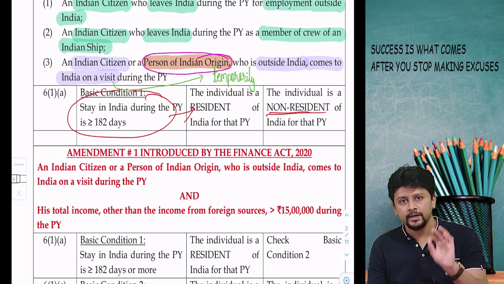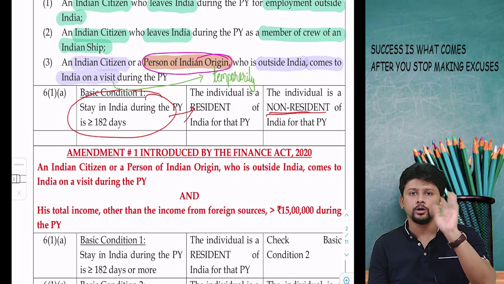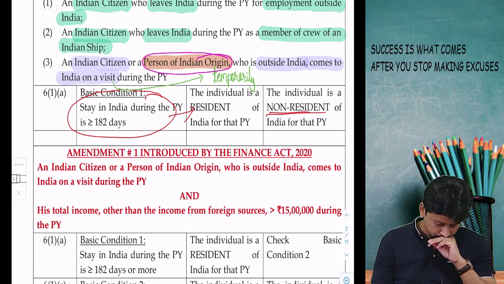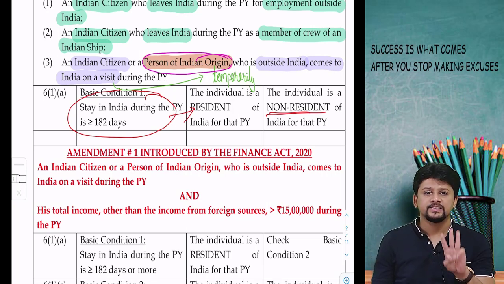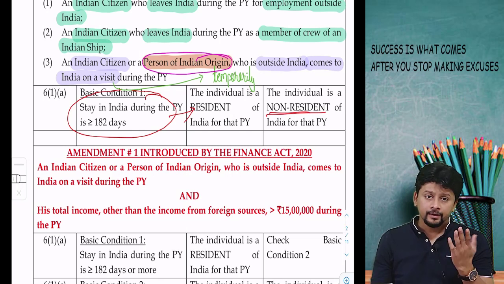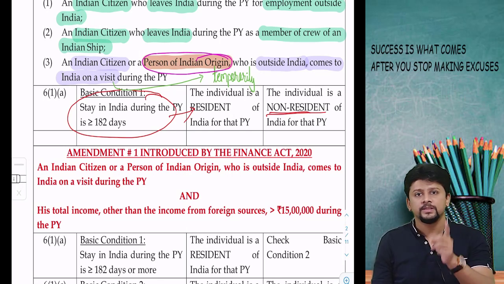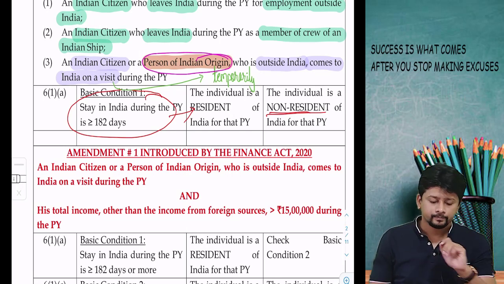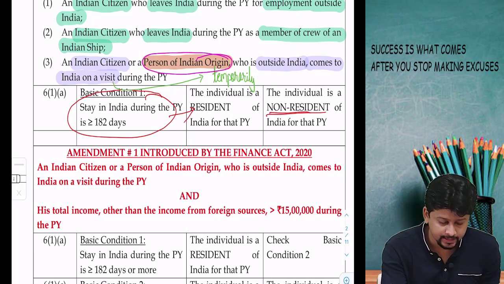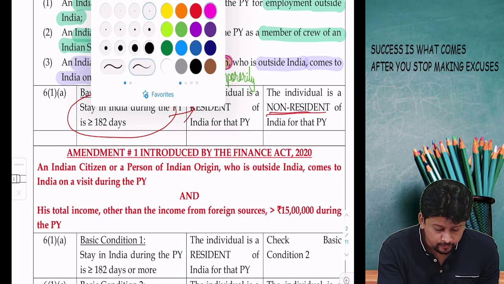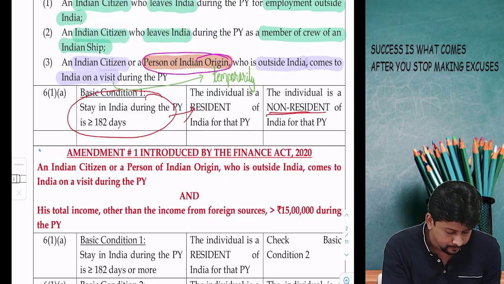If it is satisfied, you are a resident. If it is not satisfied, you are a non-resident. So these are 3 exceptional cases where only basic condition 1 applies, basic condition 2 does not apply. Now the amendment created, important from an examination perspective.